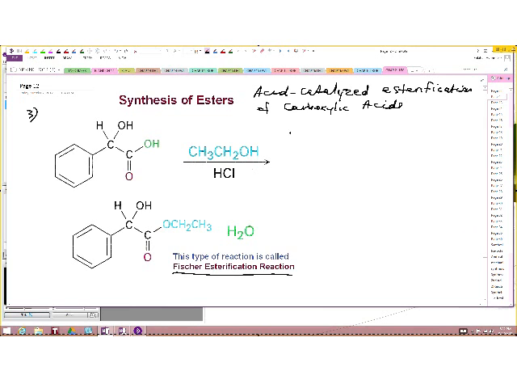Okay. Another example of this could be to do that in the presence of some catalytic amount of sulfuric acid, for example, and then we obtain this.